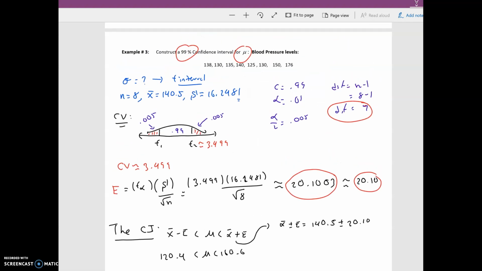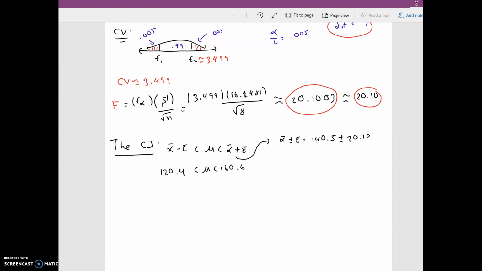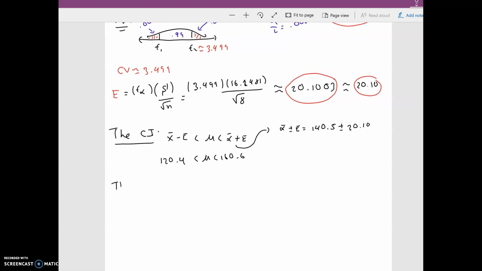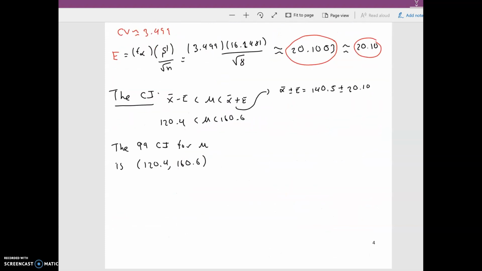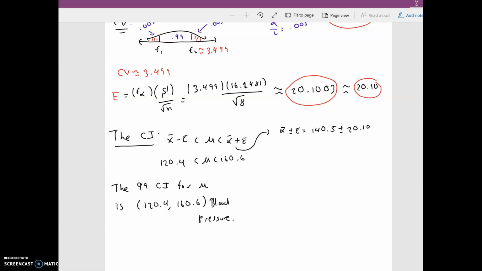So I'm just going to say that the 99% confidence interval for mu happens to be between 120.4 to 160.6. And the actual unit is blood pressure. So this ends up being our final answer.